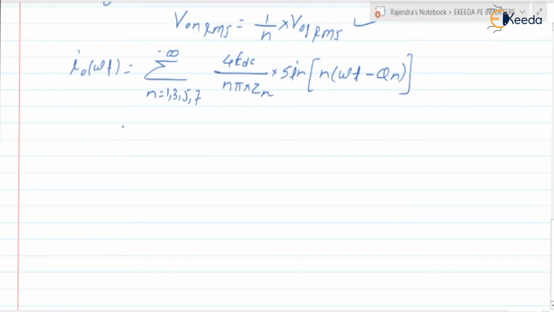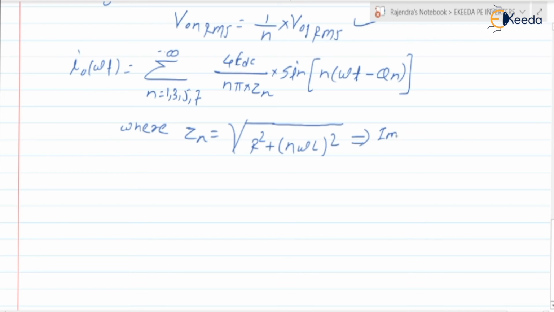Where Zn is equal to the square root of R squared plus (nωL) squared, since we have an RL load. What does this Zn indicate?